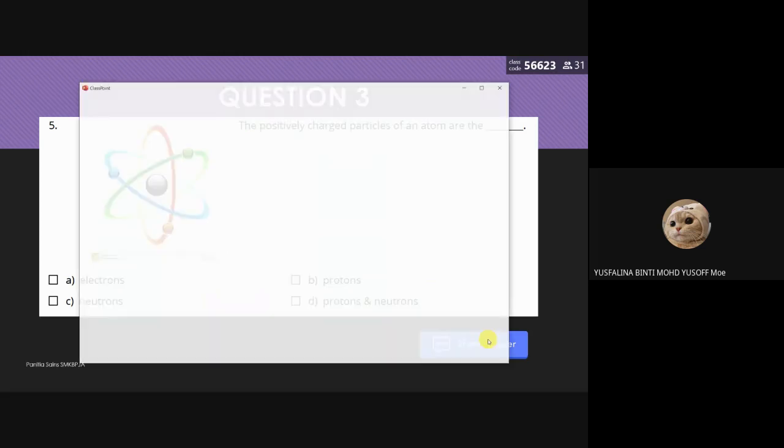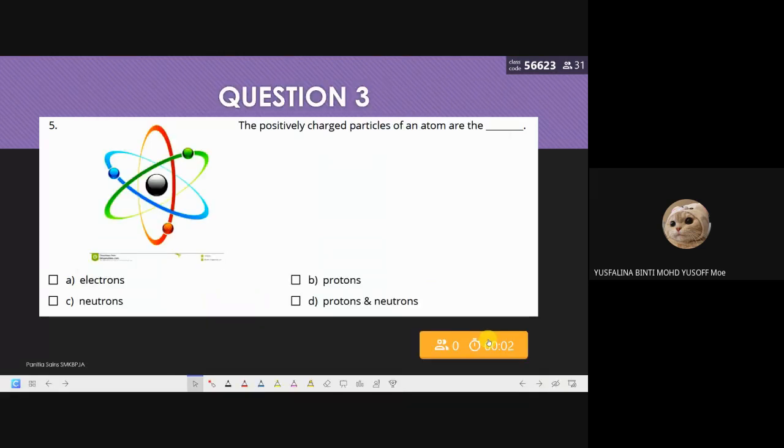So how about this one? What is the positive charge particle of an atom?